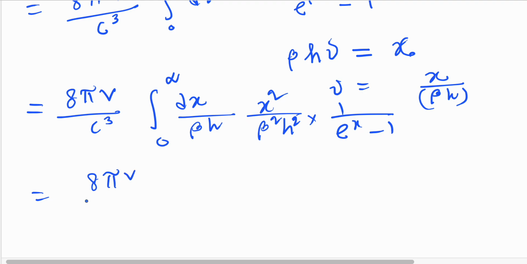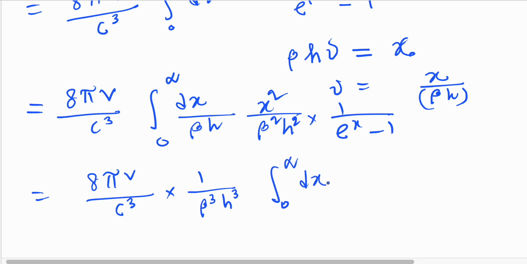That is 8 pi V by c cube, 1 by beta cube h cube, integral from 0 to infinity dx x square by e to the power x minus 1.